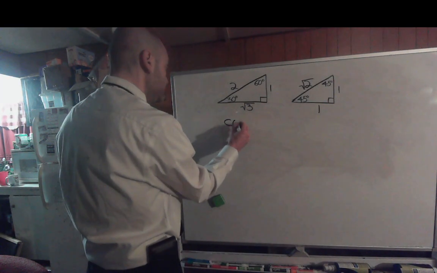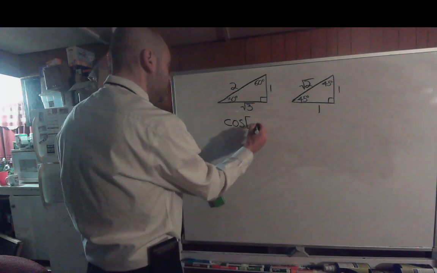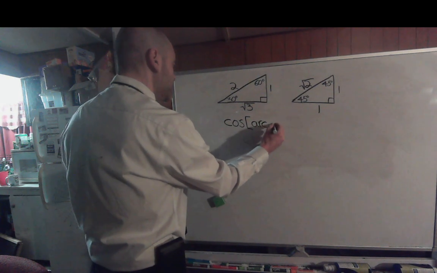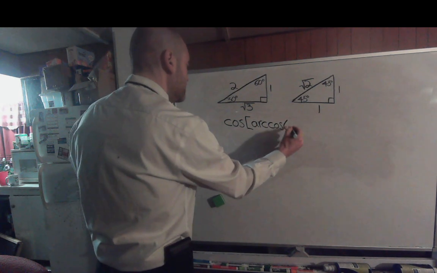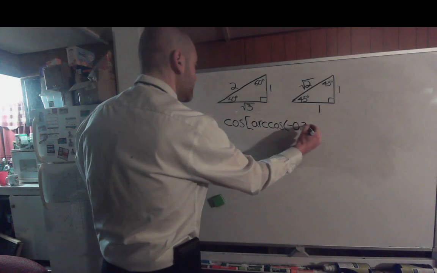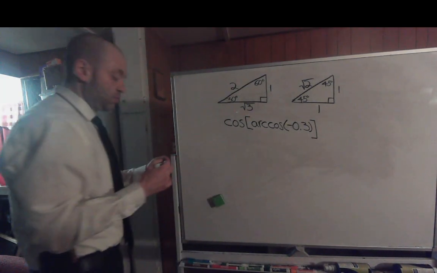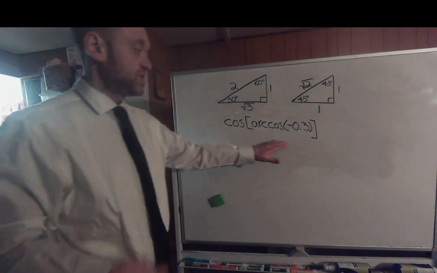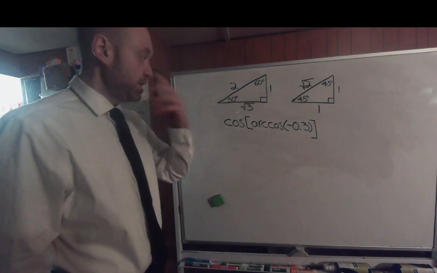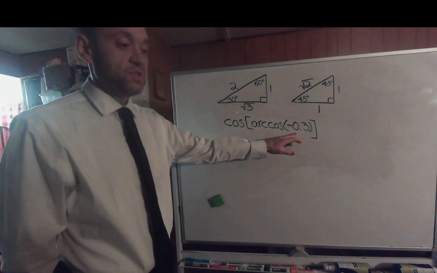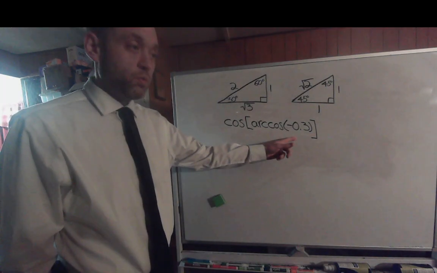How about cosine of the arc cosine of -0.3? Well, what's the domain of the arc cosine function? -1 to +1.